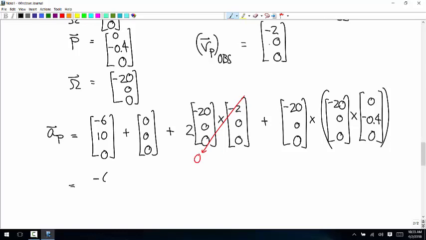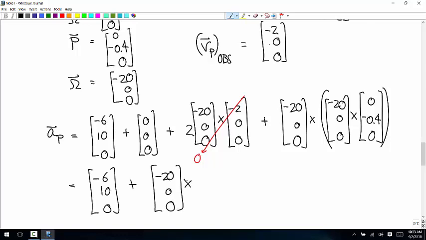And so we get negative 6, 10, 0, plus this crossed with 8 in the z direction.